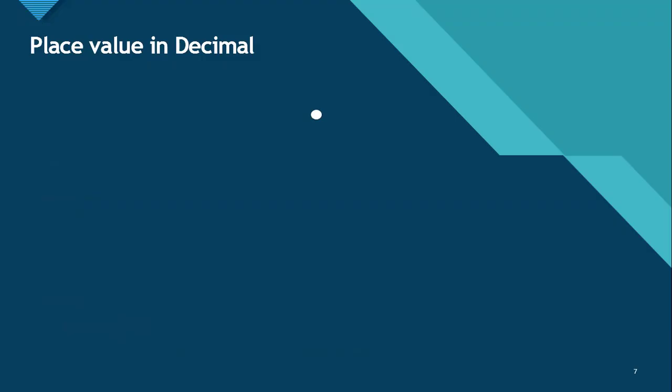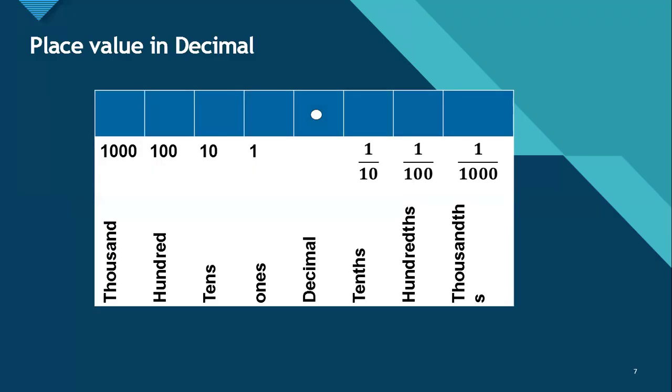As we saw place value in normal numbers, that is whole numbers, we have place value in decimals as well. The decimal place value starts from the decimal point. Suppose that we have a table where we are representing the number, and there is a decimal point.